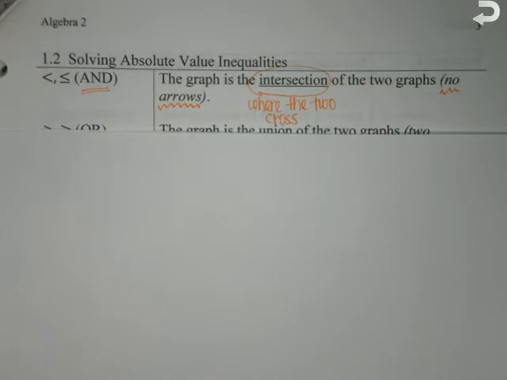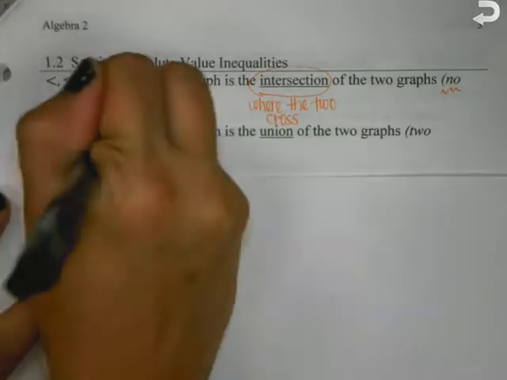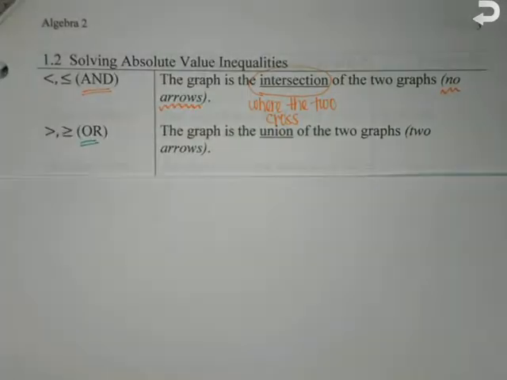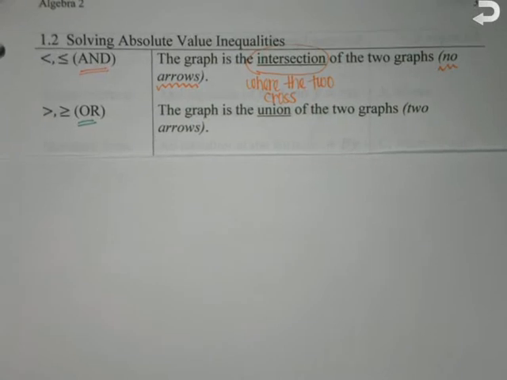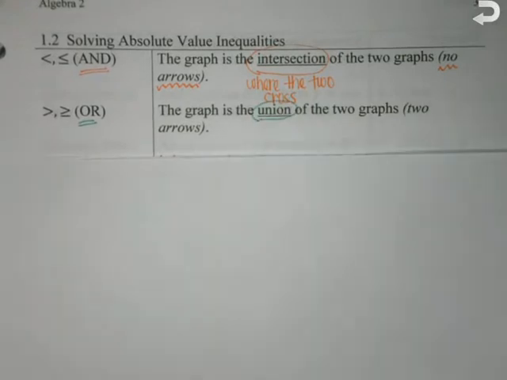We also have greater than or equal to, and the word that I want you to associate with that is "or." And the way I remember that is "great-or." Okay, so if you have greater than or equal to, it's "great-or." For that one, the graph is the union. Now, what does union mean? Any guesses?